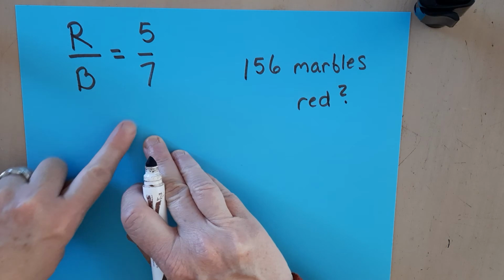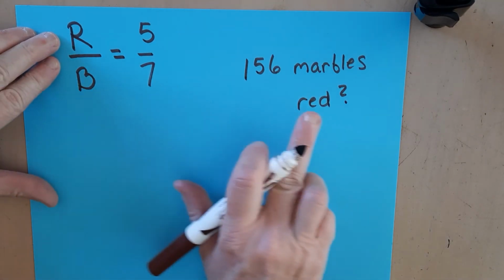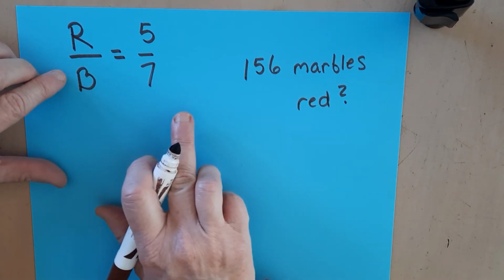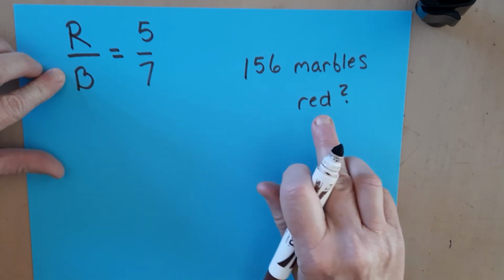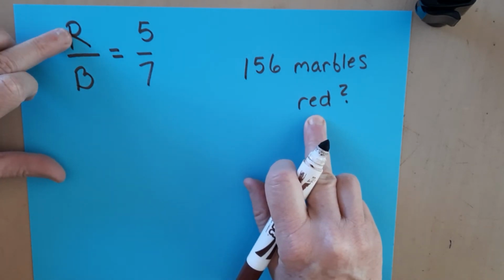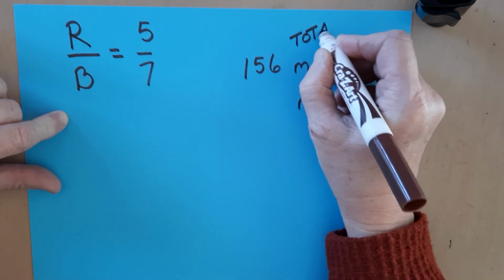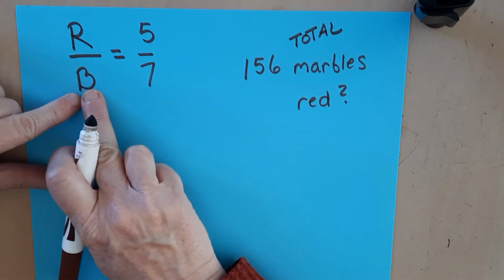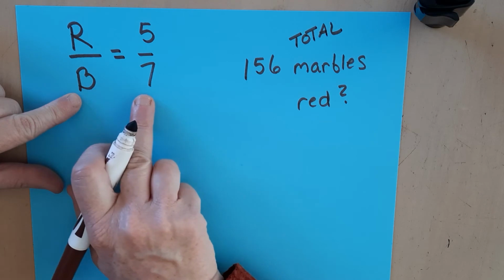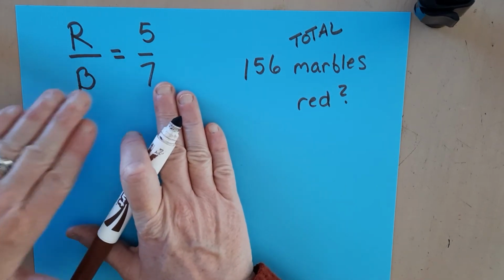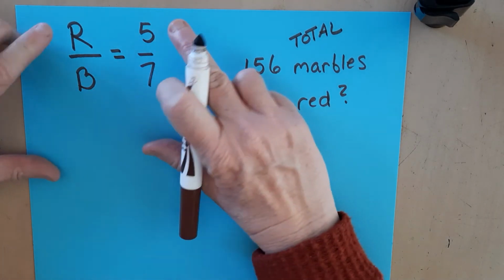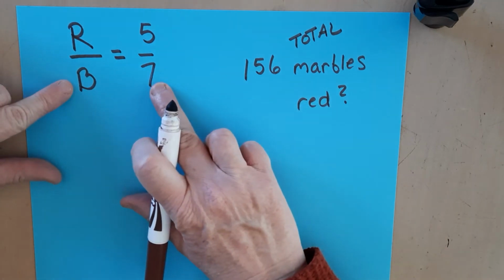We're trying to find the number of red marbles, but we only know the total number of marbles. This is a total. We don't know how many blue marbles there are by themselves. So we have to take a look at this bag first. This bag of marbles has 5 red for every 7 blue.